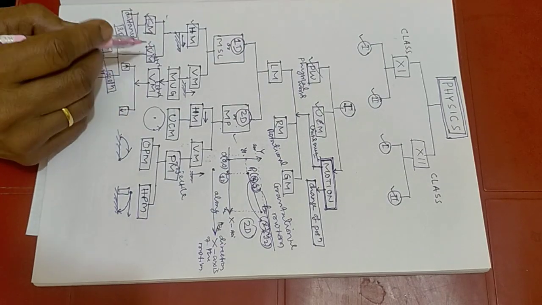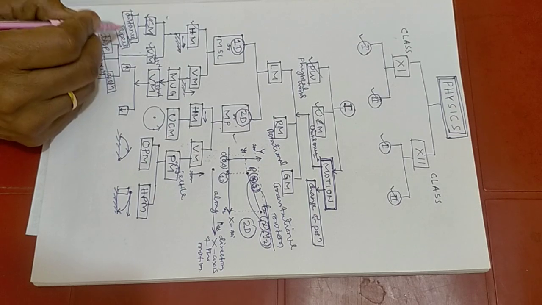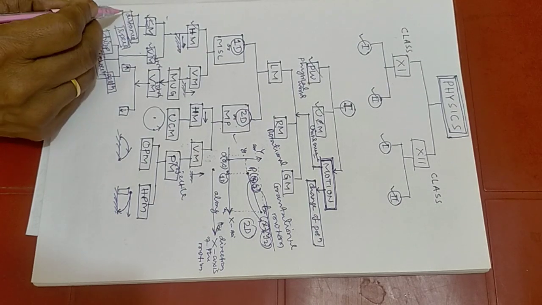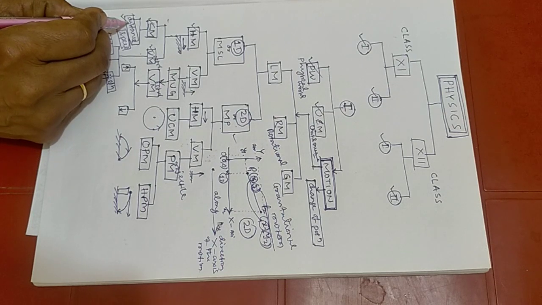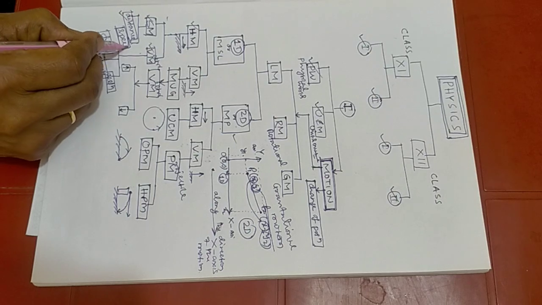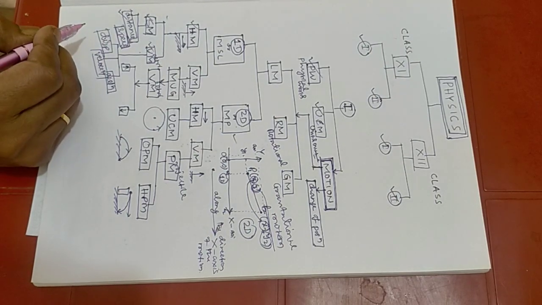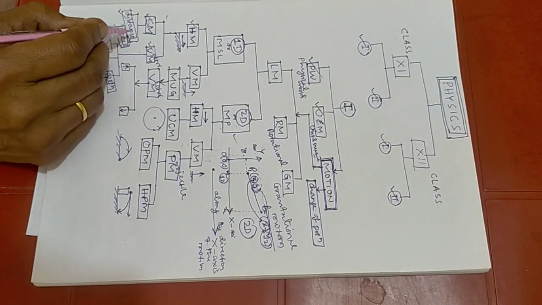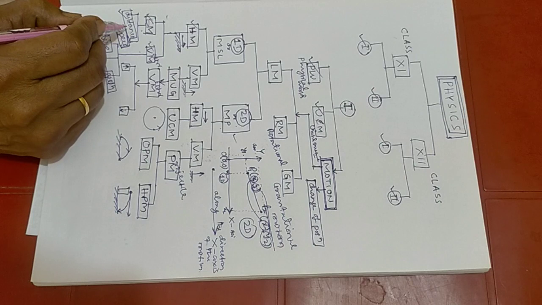Scalar motion indicates only the numerical value of the motion, how much distance it has covered, how much path it has covered, and at which rate it's covering the path. It does not indicate the direction in which object is moving.